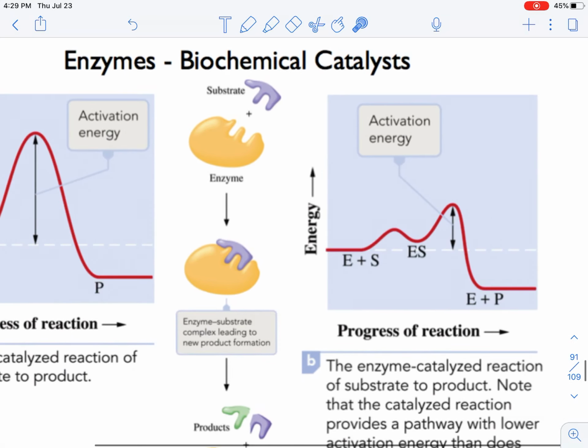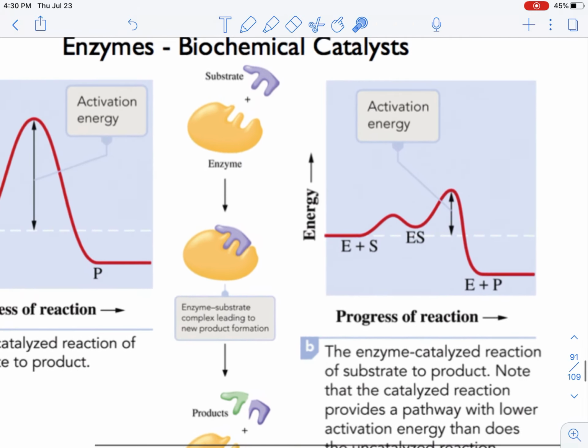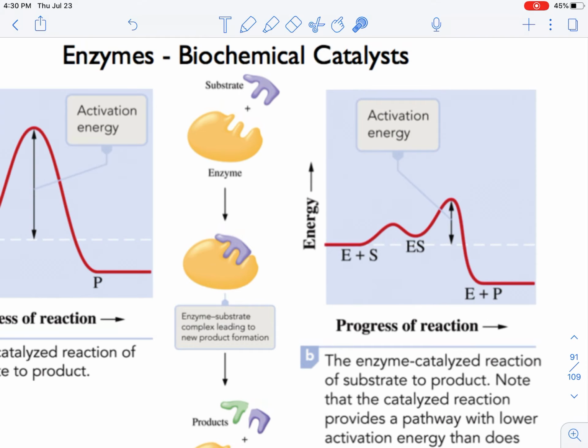When an enzyme acts on a substrate, it provides an alternate pathway, decreasing the activation energy. So this is E for enzyme, S for substrate. ES represents the enzyme-substrate complex. Since the activation energy is lessened, the rate of reaction occurs much more quickly to produce the enzyme and the product.